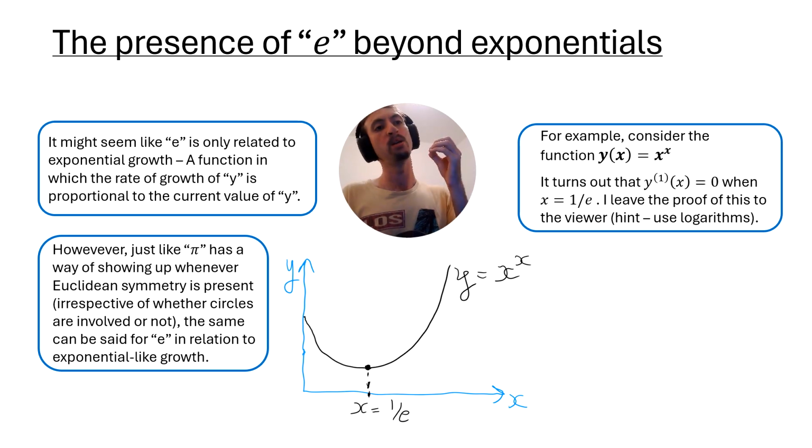And the stationary point or the turning point of our graph, so the point where dy by dx is 0, is very important, because, for example, if we're taking our function y equals x to the x, then our graph switches behaviour at our turning point. So for x less than 1 over e, the gradient of our graph is negative, whereas for x larger than 1 over e, the gradient of our graph is positive.